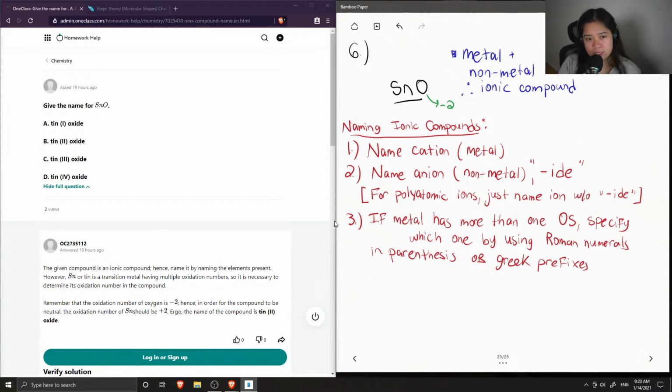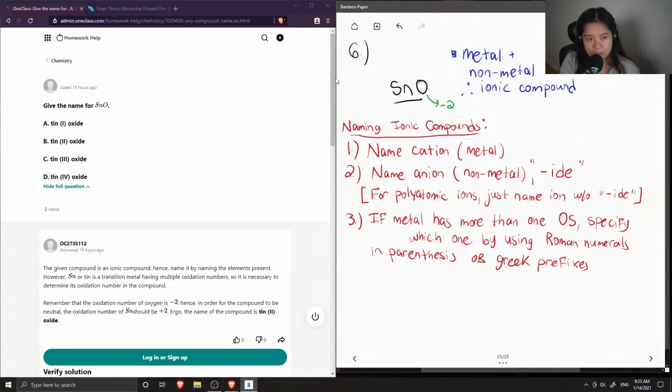So since we have a neutral compound, then we know that the tin must balance out this -2 charge. So it's going to have an oxidation number of +2. So therefore, we can just say that the name is tin(II) oxide.